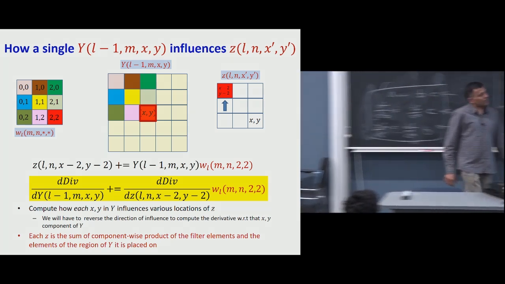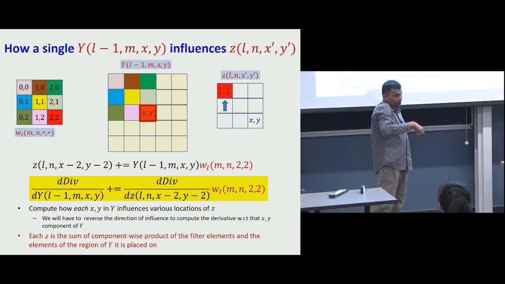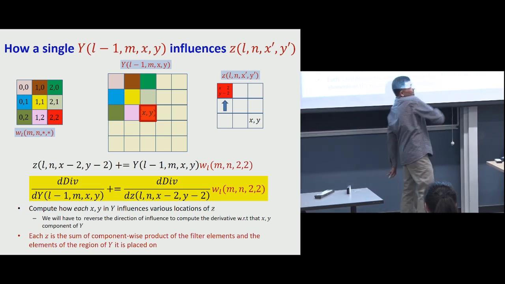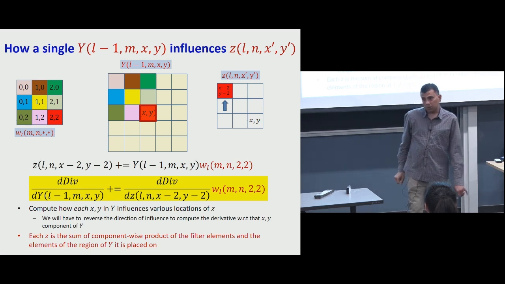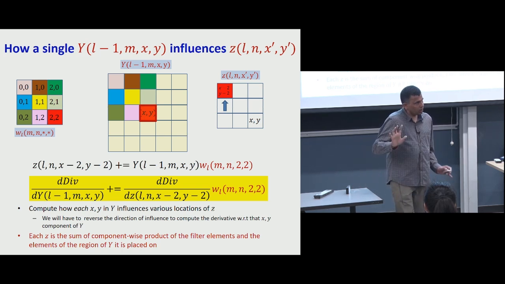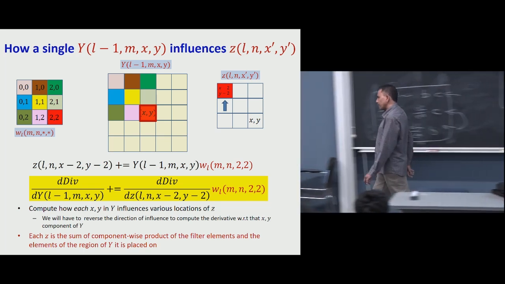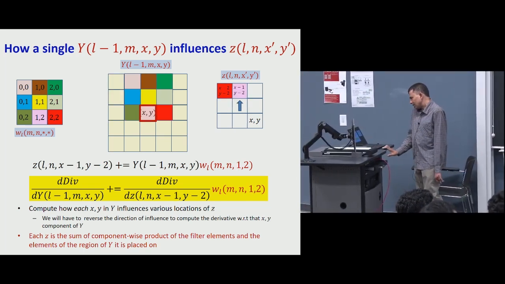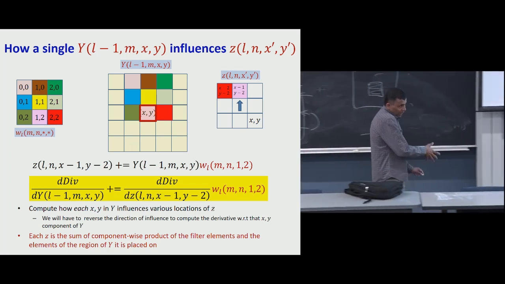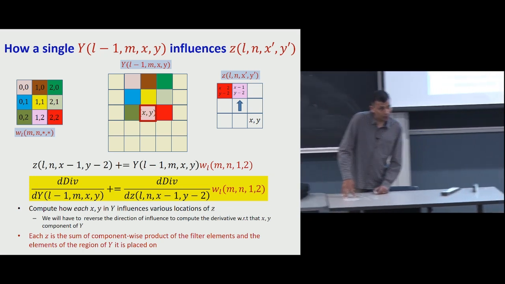So I can go back and write the derivatives. The derivative of the divergence with respect to y is going to be the derivative of the divergence with respect to zx minus 2, y minus 2 times weight 22. Right? So nothing fancy. Now, I take a step forward. When the computation moves one step forward, the entire filter has slid forward by one step.